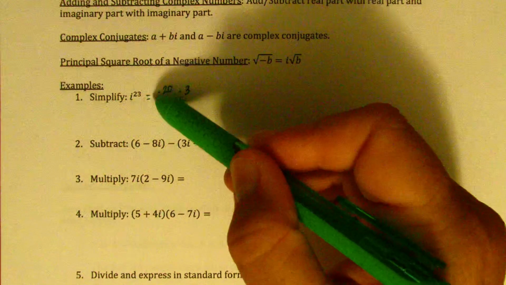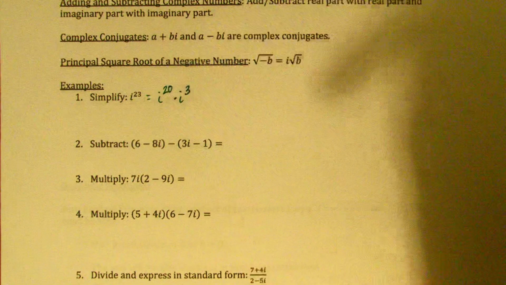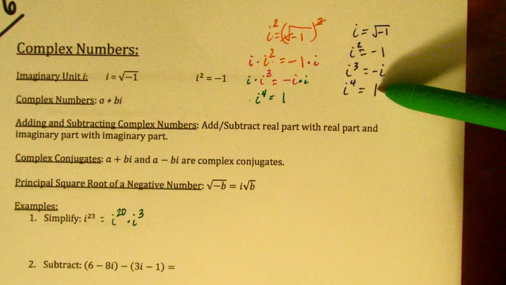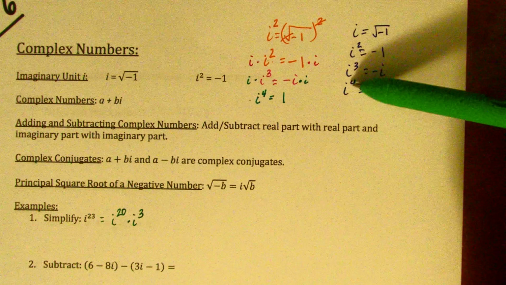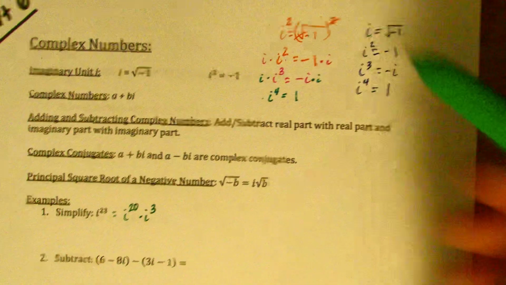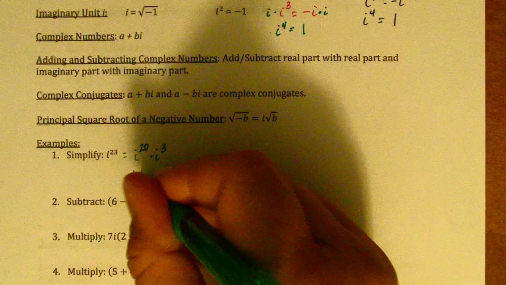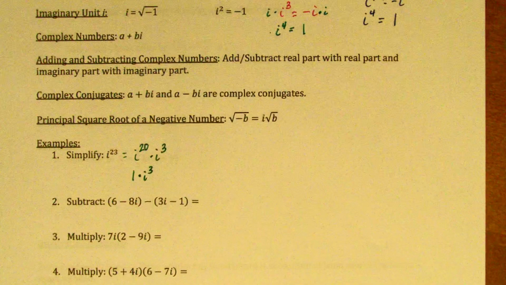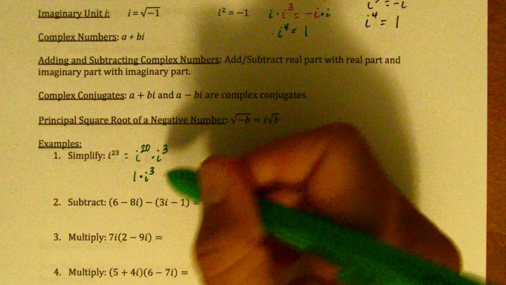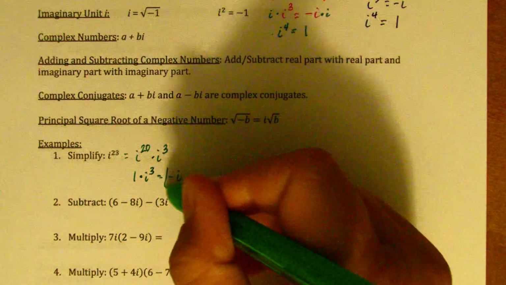Well, if this is a multiple of 4, then it's going to be equivalent to i to the 4th, which is equal to 1. So we're just essentially evaluating 1 times i cubed, and we already said i cubed is equal to -i.